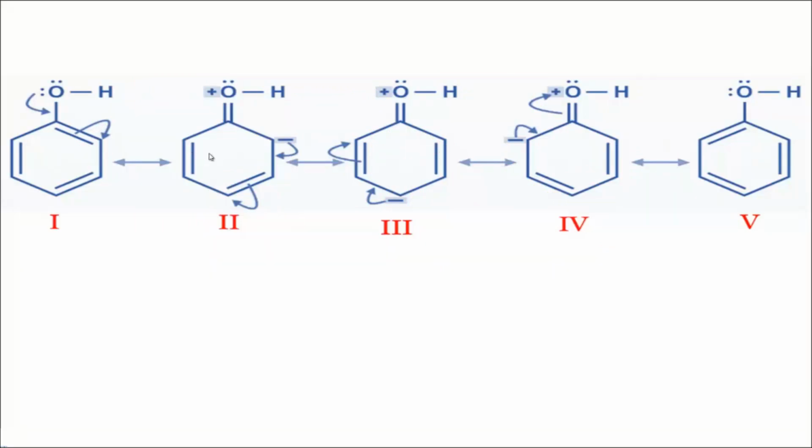Let us see in the next structure. This oxygen now experiences decreased electron density, which is indicated by the positive sign, and the carbon of the benzene ring and this oxygen of the phenol, that is the hydroxyl group, now get linked by a double covalent bond.